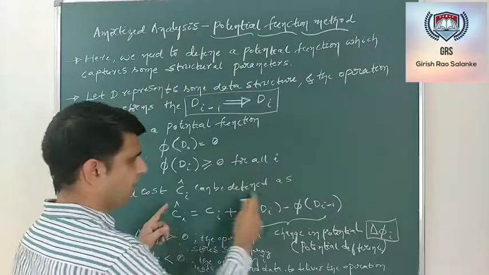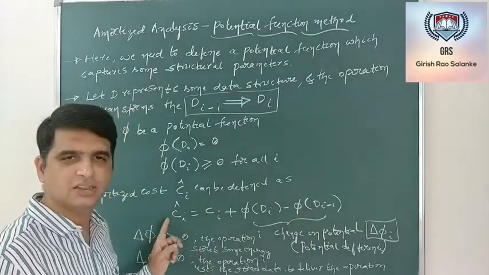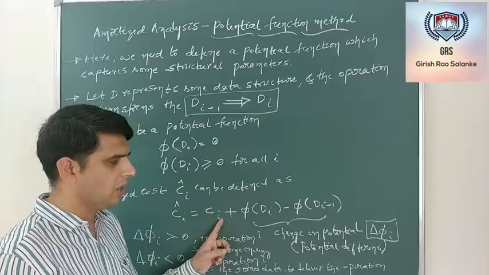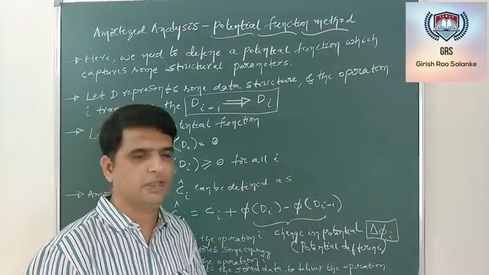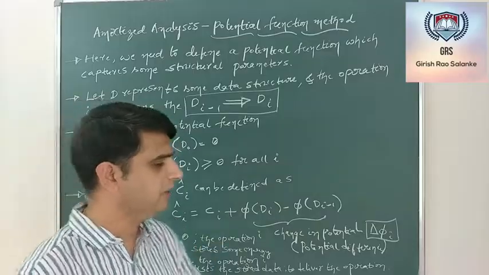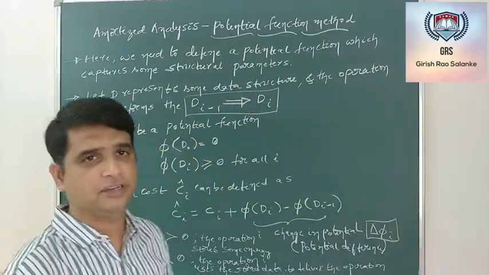Please note this particular equation, that is, the amortized cost C_i' is equal to the actual cost plus the change in the potential, or we call it the potential difference. This was with respect to a single operation i.